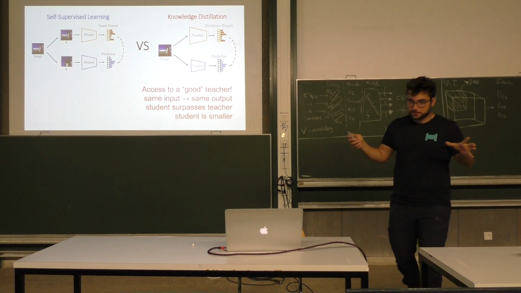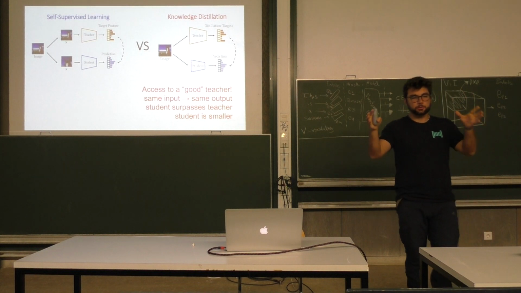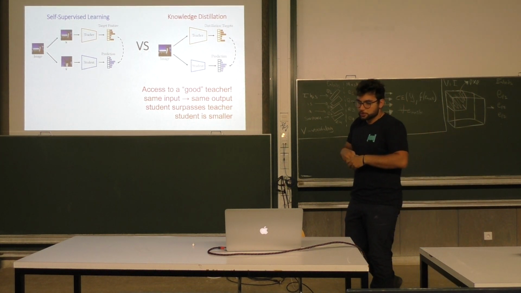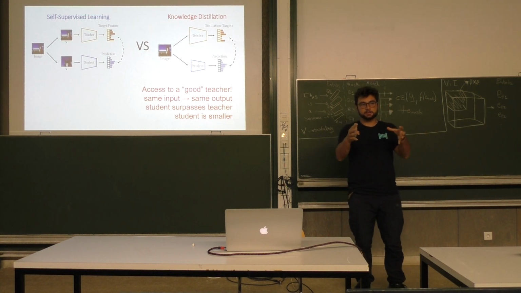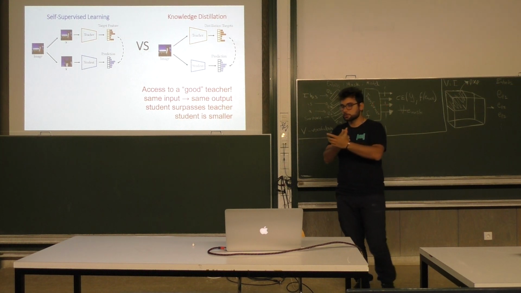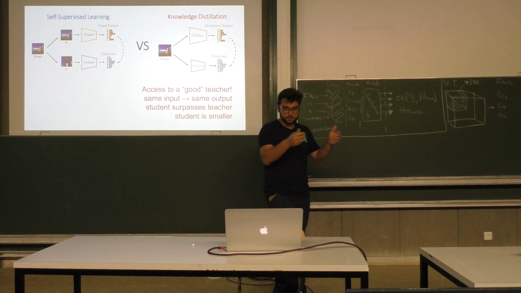So let's try to draw some connections between knowledge distillation and self-supervised learning. Knowledge distillation assumes that there is a pre-trained teacher, either supervised trained or self-supervised trained, and we take this contrastive loss.